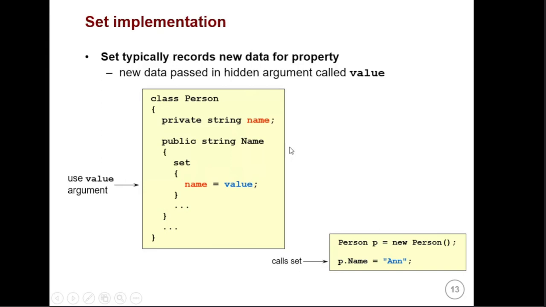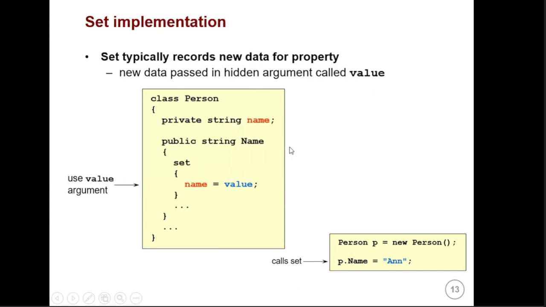Essentially, instead of using open and close parentheses, when you have a value being assigned to that property, that value can be accessed with the use of the assignment operator.